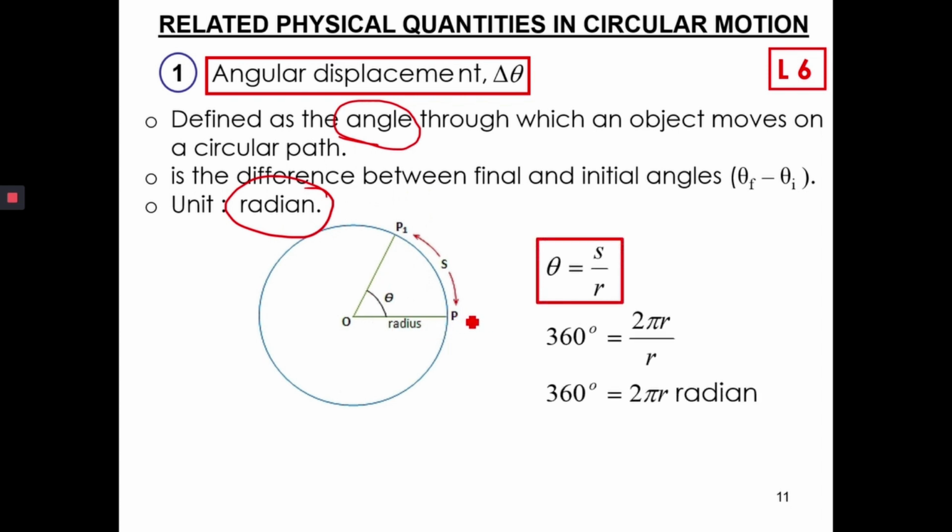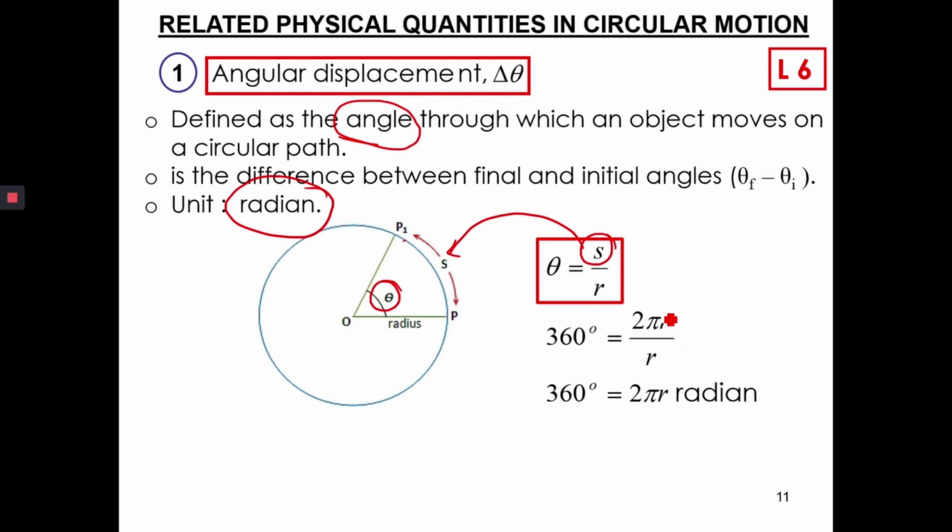Example. As the object moves from P to P1, this is your angular displacement, your theta. Theta is equal to s over r, where s comes from the displacement here. Example, angular displacement 300 degrees.